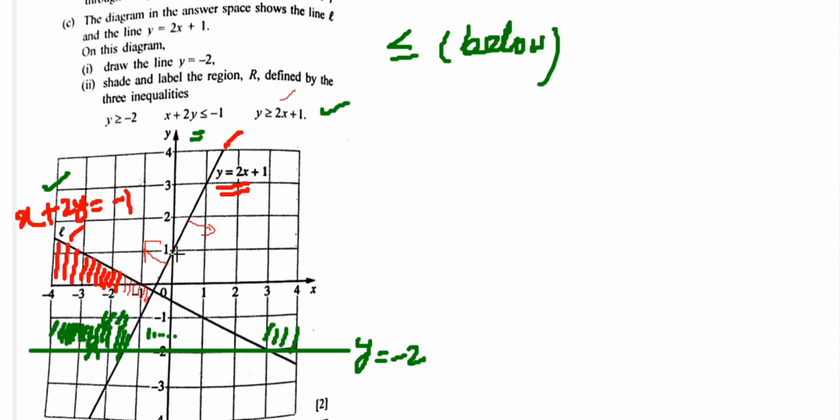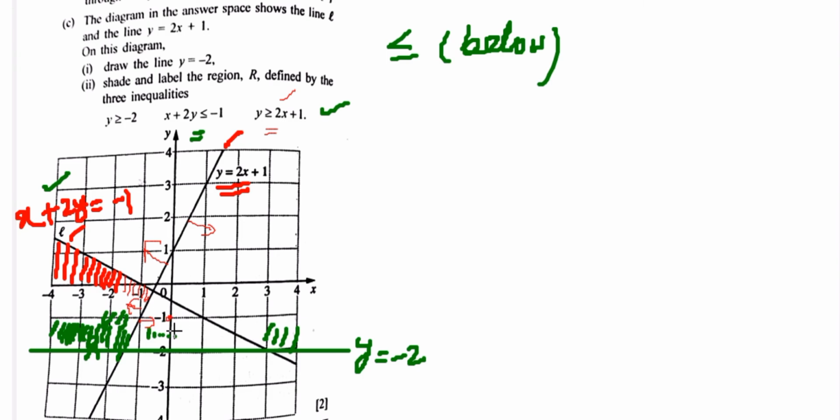You can simply take any test point from both sides. Your shaded area for this inequality is either on this side or on this side, and if you are unable to decide, you can simply take a test point. Suppose you say the area is on this side.